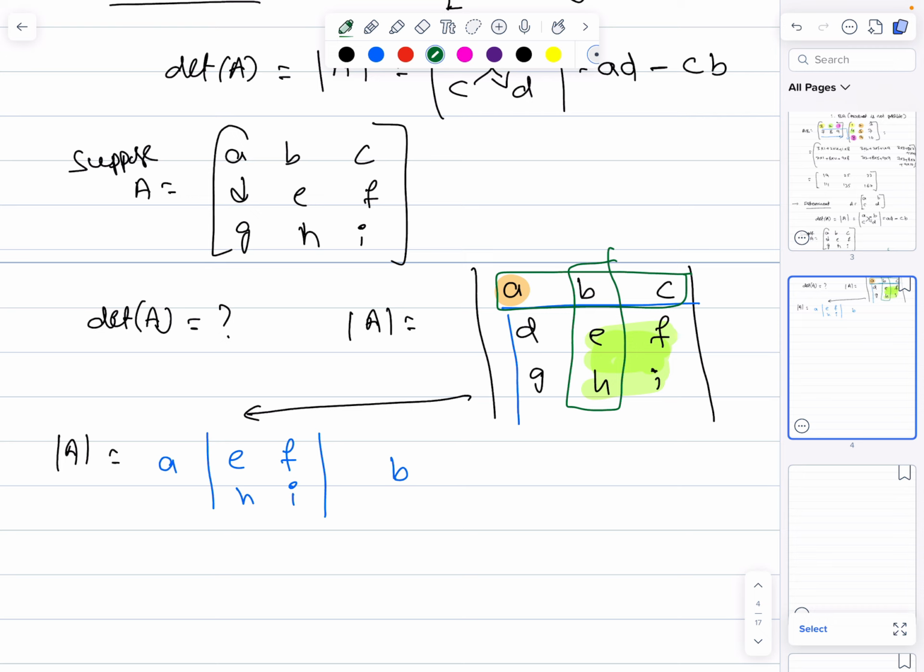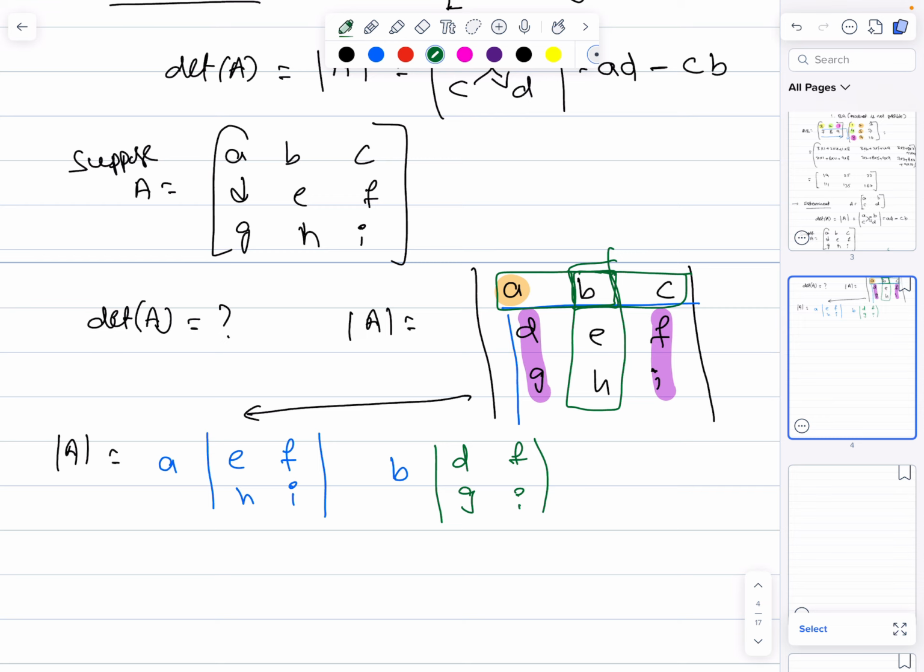So if that is the case, I should only consider this matrix, D, G, F, I. So that is D, G, F, I. I have ignored all those elements lying in the first row and the column of B. I am ignoring the elements in the B column and B row here and collecting the rest of the elements and then placing them in determinant form.